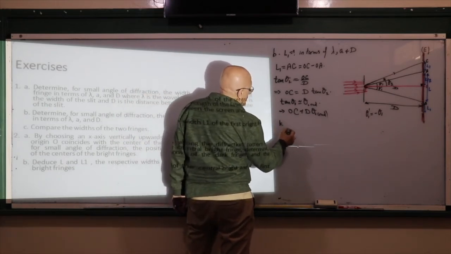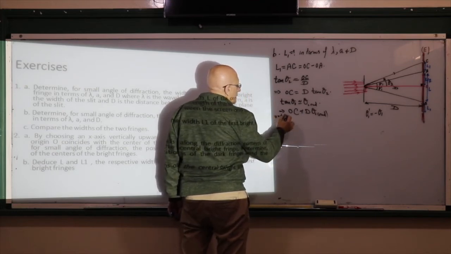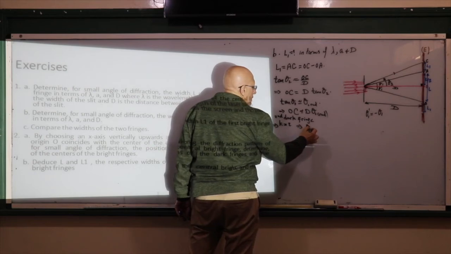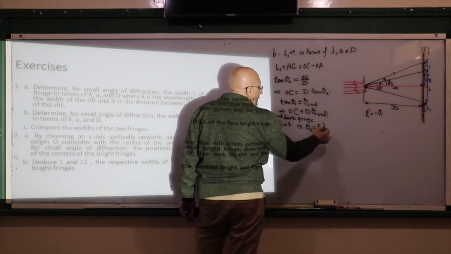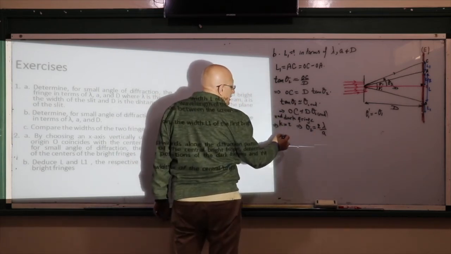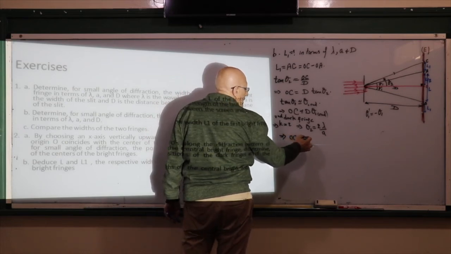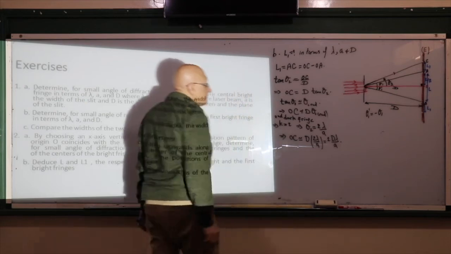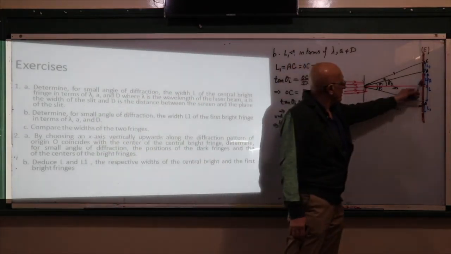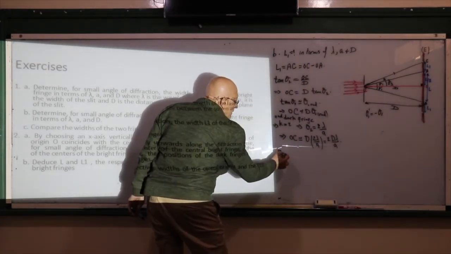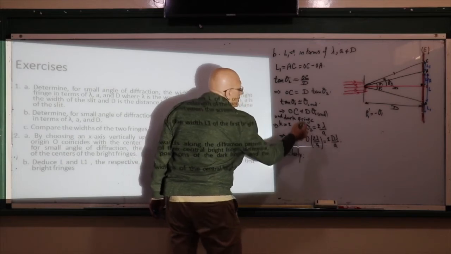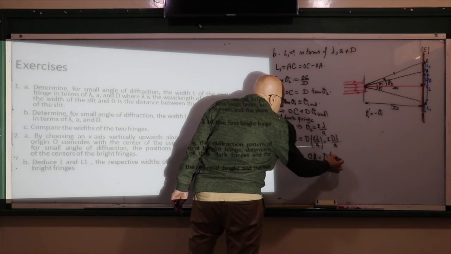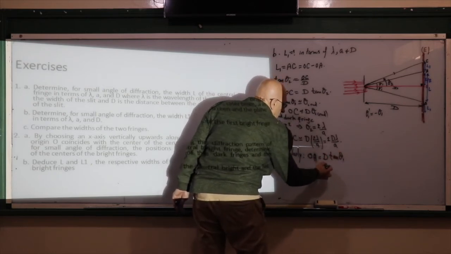You substitute k equal to 2, the second dark fringe, and you get theta 2 equal to 2 lambda over A. So OC is approximately equal to D times 2 lambda over A, which is 2D lambda over A. Similarly, OA is equal to D tangent theta 1, which is approximately D theta 1.